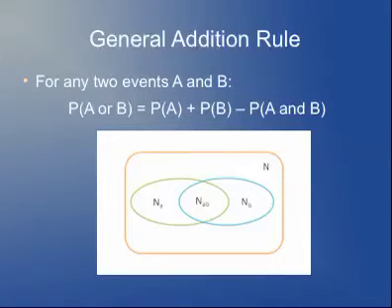Hence, the formula is probability of A plus the probability of B minus the probability of A and B.